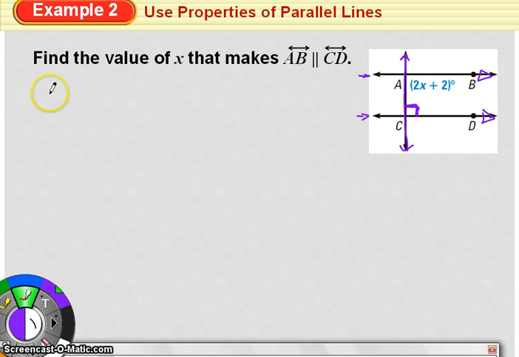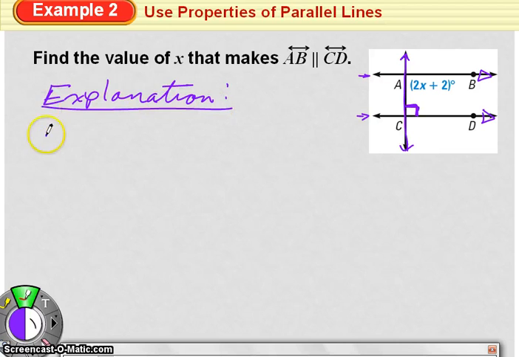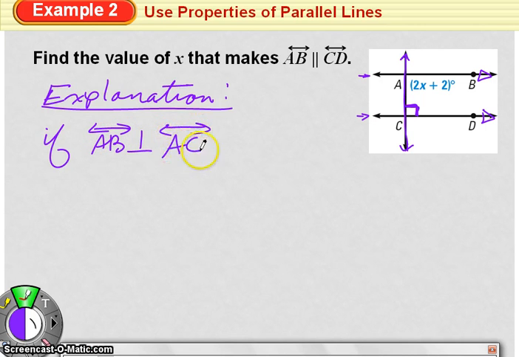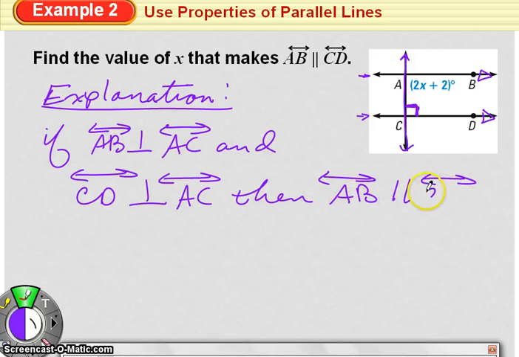Okay, so we'll say right here for an explanation: if line AB is perpendicular to line AC and line CD is perpendicular to line AC, then line AB is parallel to line CD.